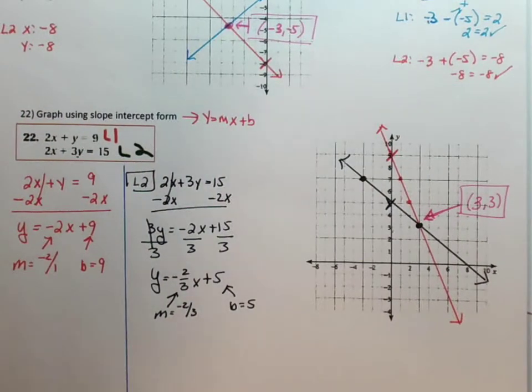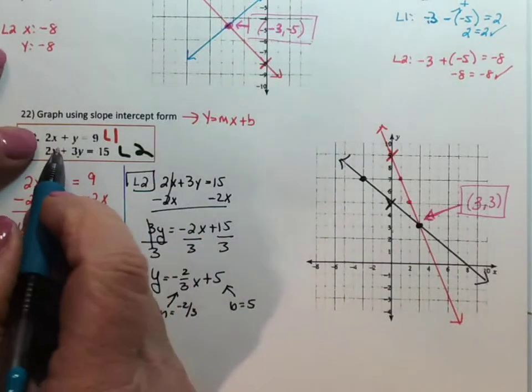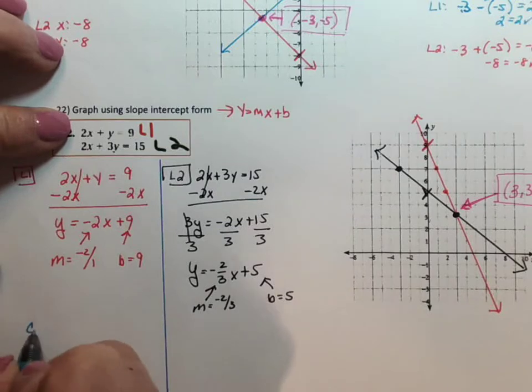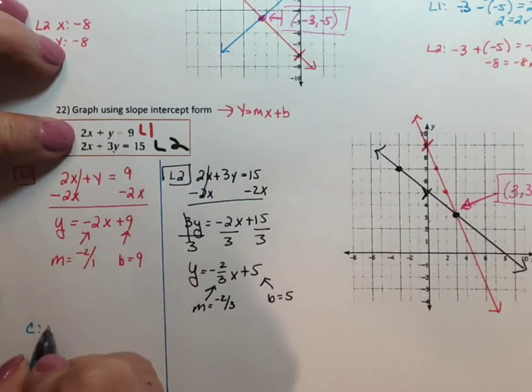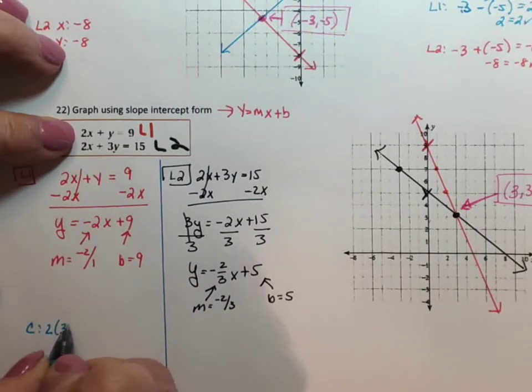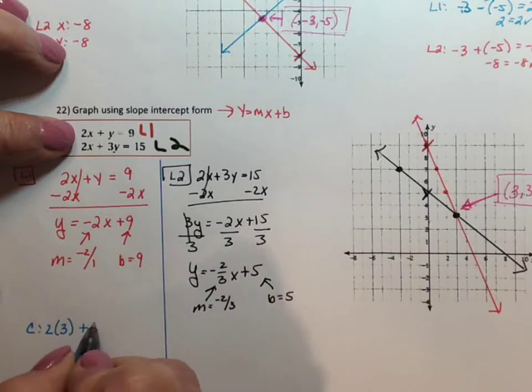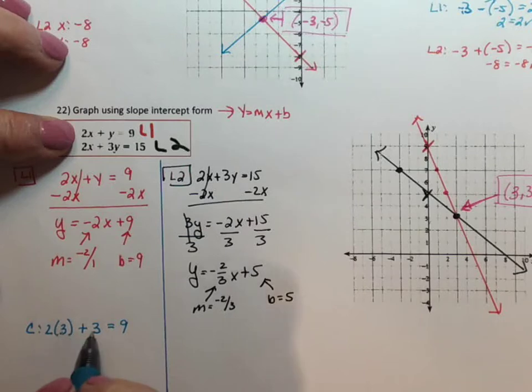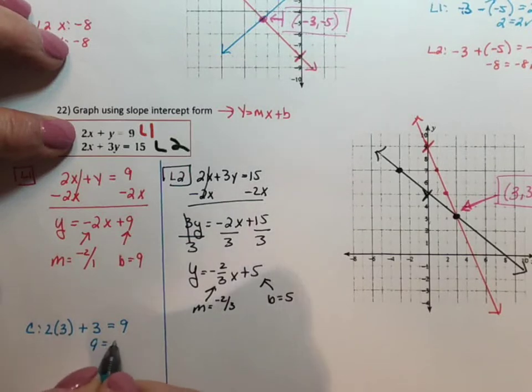And I am going to check that solution in both original equations. So I'm going to check line 1, 2, x is 3, y is 3 equals 9. 2 times 3 is 6 plus 3, 9 equals 9.